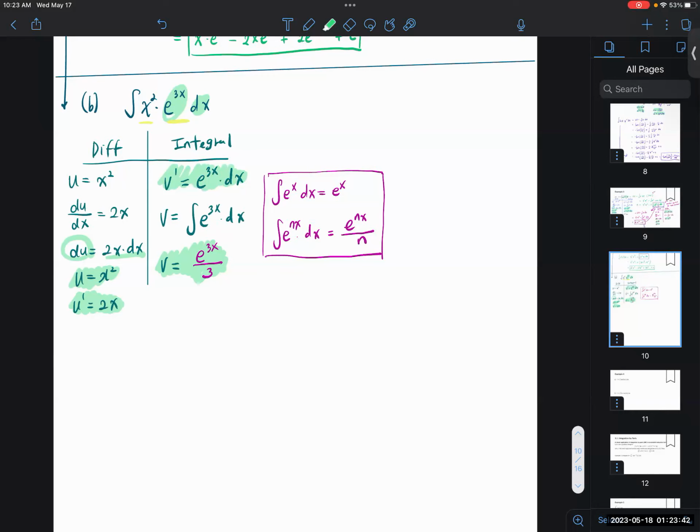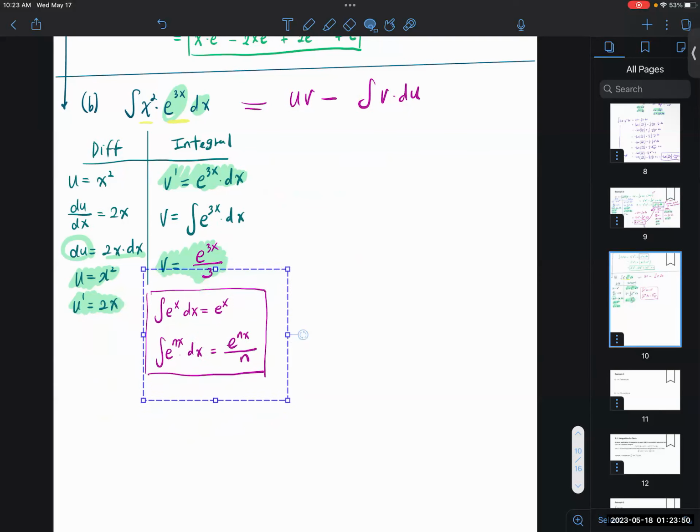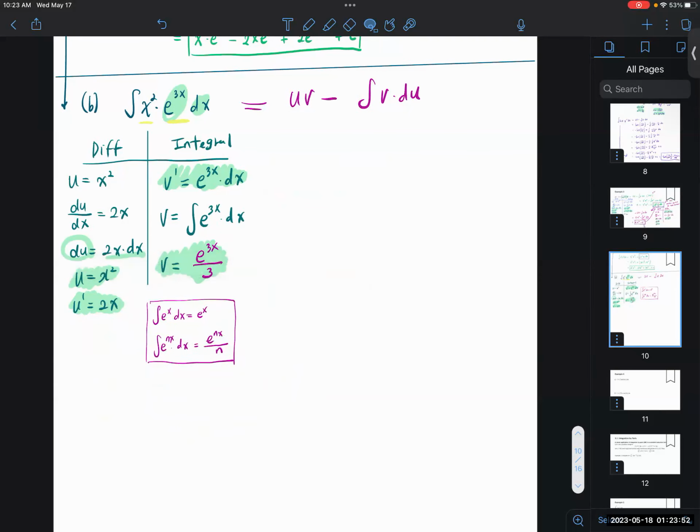Okay, let's go to IBP. So uv minus integral v du. I'm going to bring it here. So u is x squared, v is e to the 3x over 3, minus taking the integral of v, e to the 3x over 3, times du, which is 2x dx.